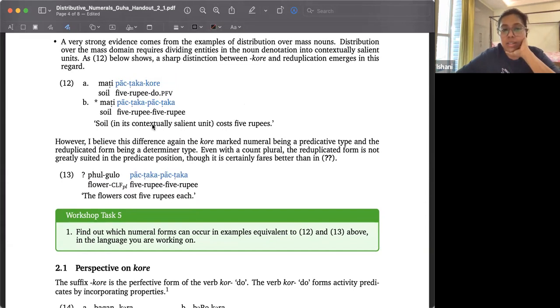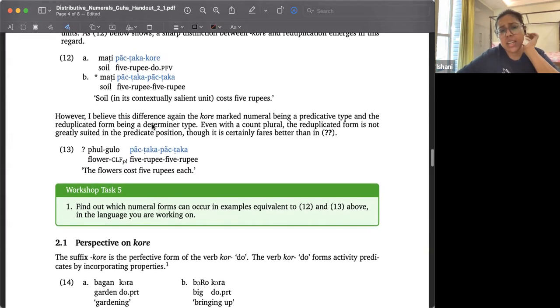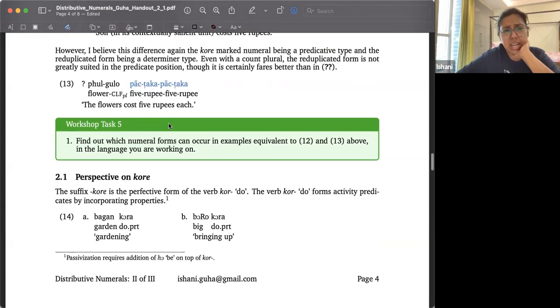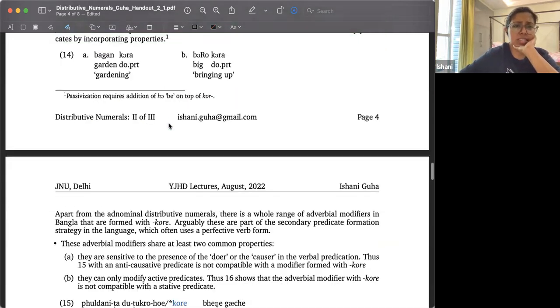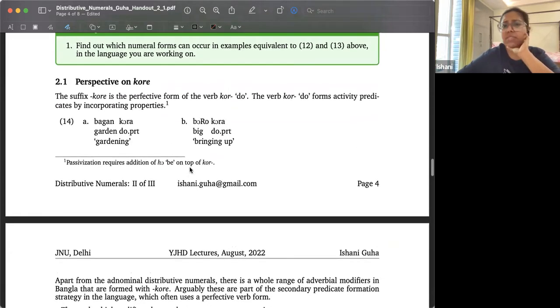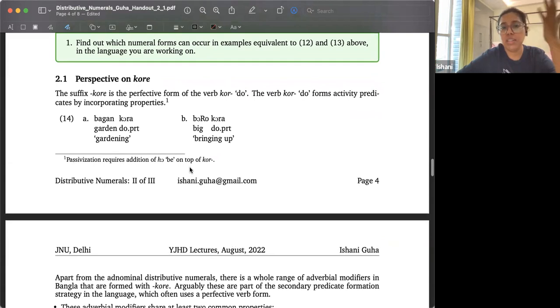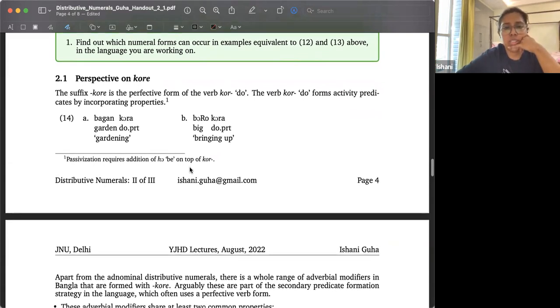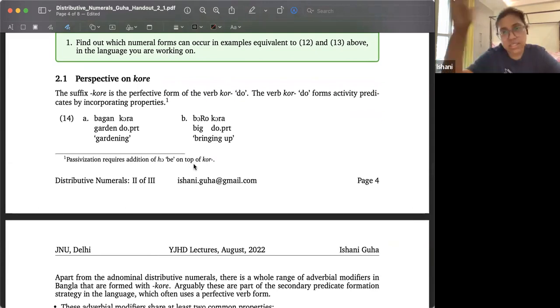Okay, the next little bit I have is something that I already told you in the last class while discussing one of Aisha's questions: what does core do in general in the language outside these numerals?